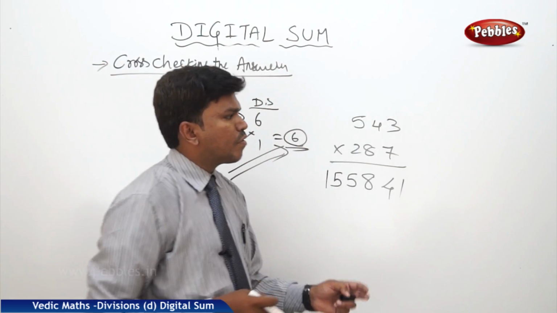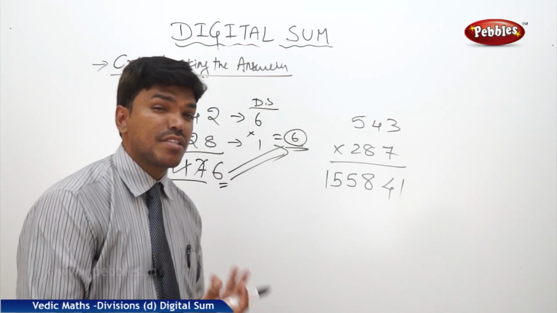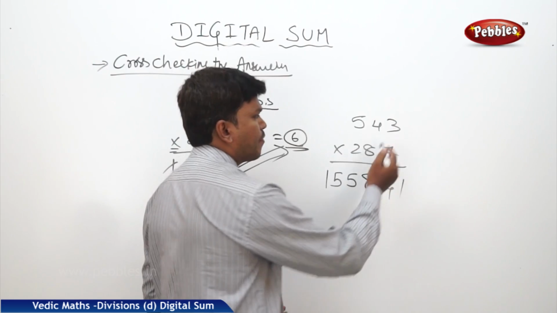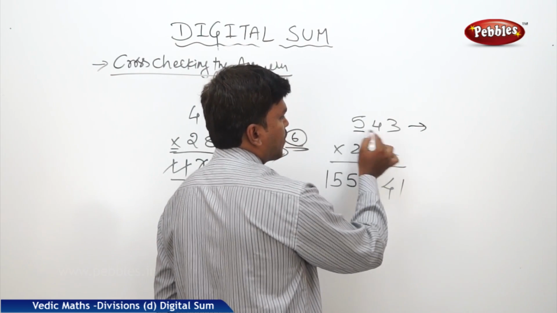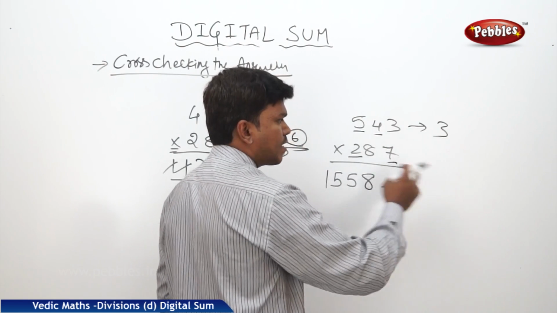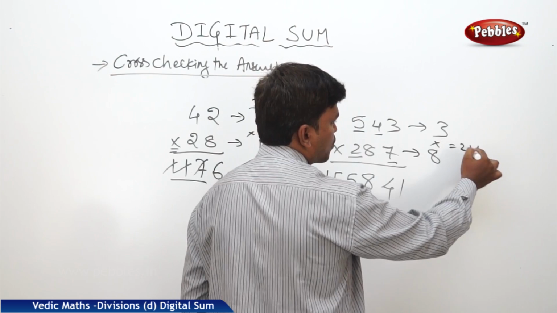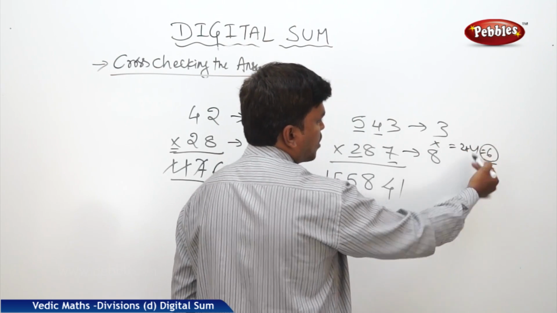Right, so 543 into 287, I got this much answer. I want to check whether my answer is right or not. Let us see in the same way. So 5 and 4 ignore, 3. 2 and 7 ignore. Why? Because they are adding up to 9s, right? So I am ignoring. 8. So 3 into 8, 24, that is 2 plus 4, 6. So I got the digital sum as 6.